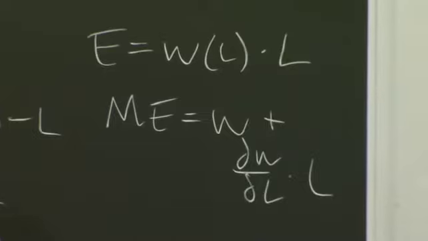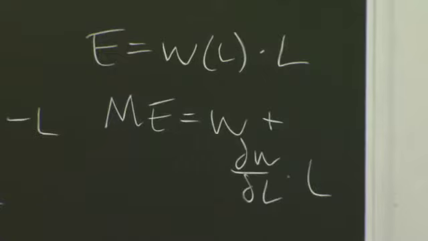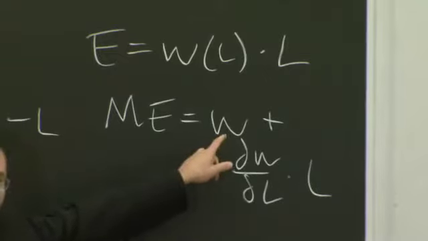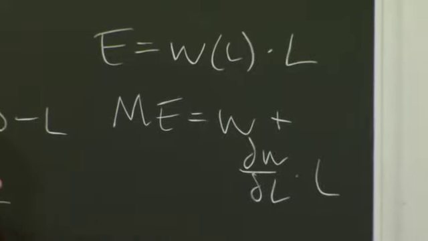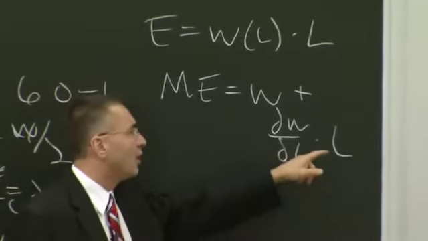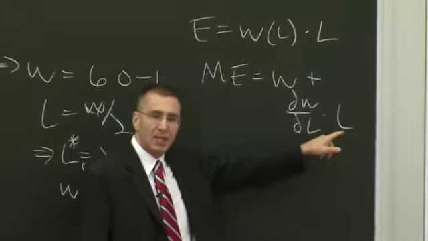If you want to hire an additional worker, what's the marginal cost? I've got to pay him W, and to hire him, I have to raise the wage, so I have to pay all my previous workers more as well. Okay?